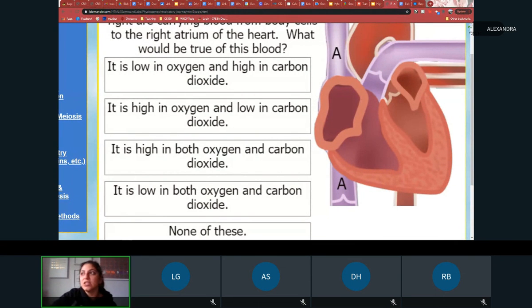It's going to be low in oxygen, high in carbon dioxide, or low in carbon dioxide, but high in oxygen. What do we think? Any guesses? Anyone want to guess for this one?